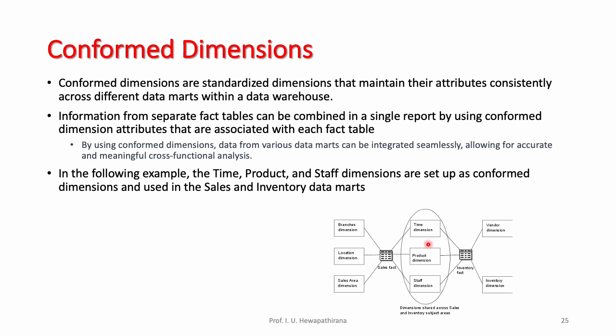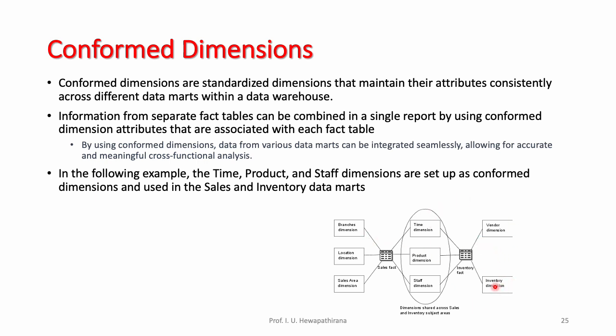So here you can see the time, product and staff dimensions. The same attributes and the domain contents are shared with the sales and inventory fact tables. So what is connected to the sales fact table can be considered as the sales data mart, and what is connected to the inventory fact table can be considered as the inventory data mart.